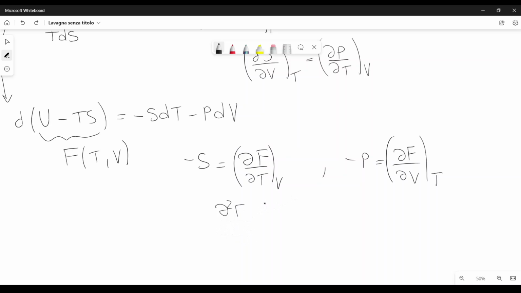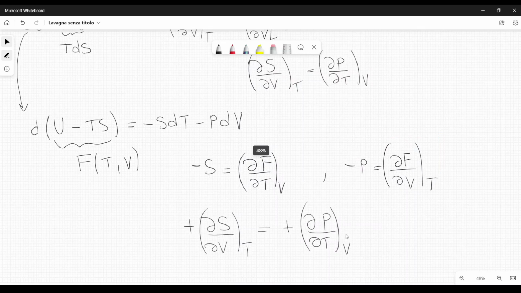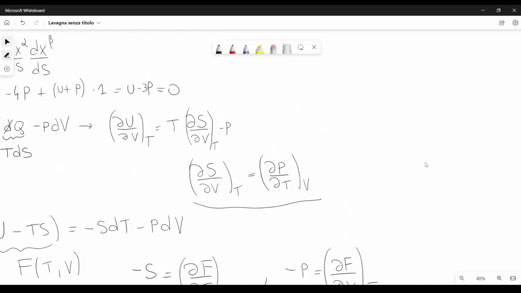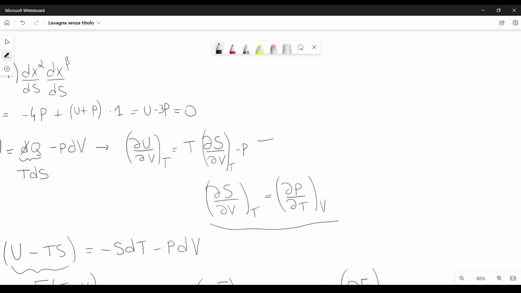So from here, you see that minus the derivative of S with respect to volume at constant temperature is equal to minus the derivative of P with respect to temperature at constant volume. So we can cancel these two minus signs and we get plus. So we have proved this equation here, from which we can rewrite this equation like this.